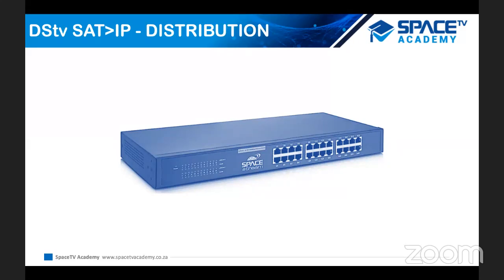Next, an important part of this presentation today is the distribution network, because now we are working with a data type network, no longer coaxial tap splitters, multi-switches, etc., that we've all grown accustomed to. We are now using a completely different platform.